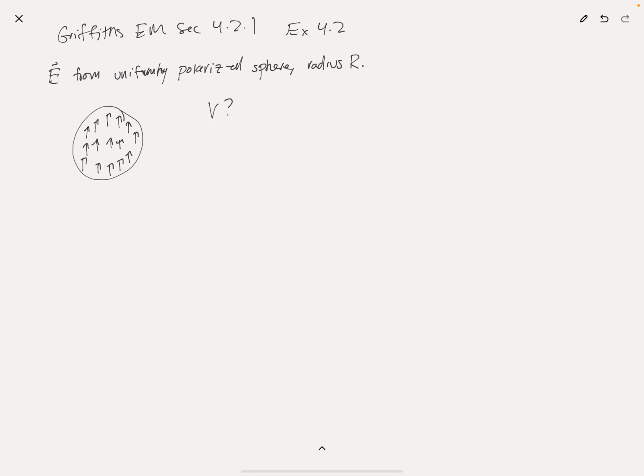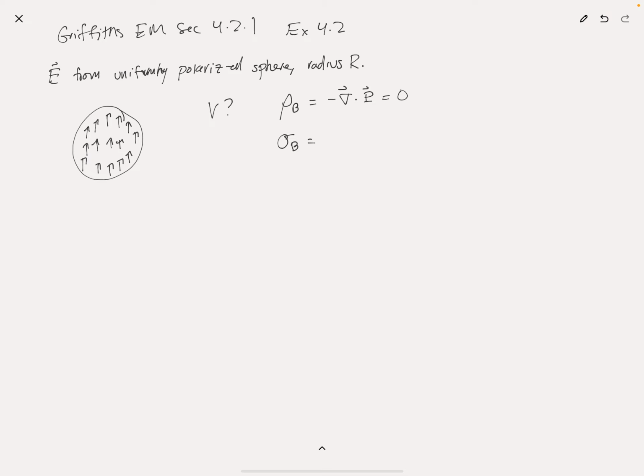To calculate the potential, we have two types of bound charges that we can identify. The first is the volume bound charge, and the second is the surface bound charge. The volume bound charge is calculated by the divergence of the polarization, but the polarization is uniform everywhere, so that is zero and there are no bound charges in the volume.